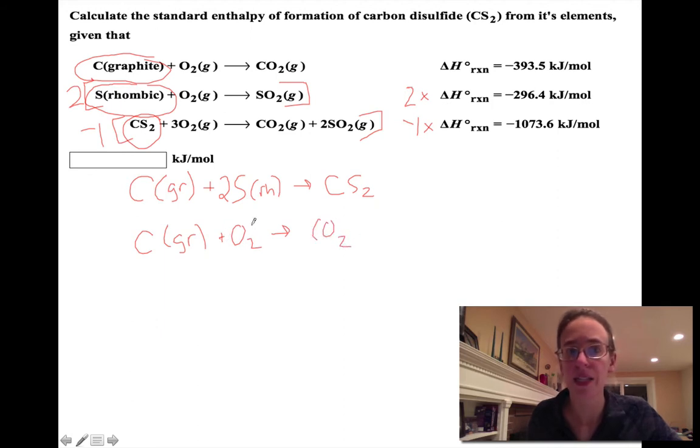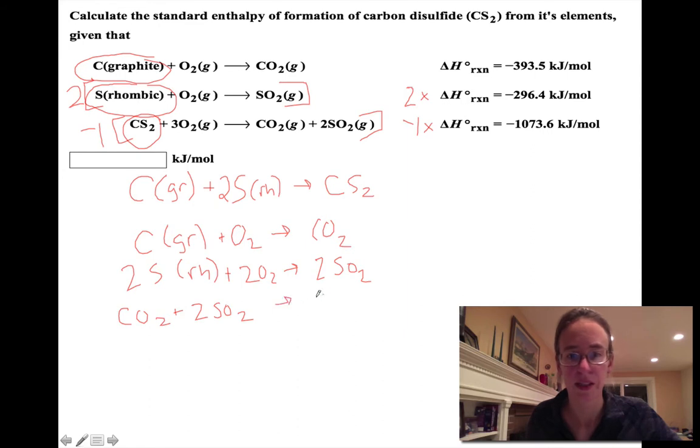Once we've multiplied the second throughout by 2, we get 2 rhombic sulfurs plus 2 O2s, yielding 2 SO2s. And then lastly, this third reaction in the reverse direction, CO2 plus 2 SO2, yielding carbon disulfide and 3 O2s.